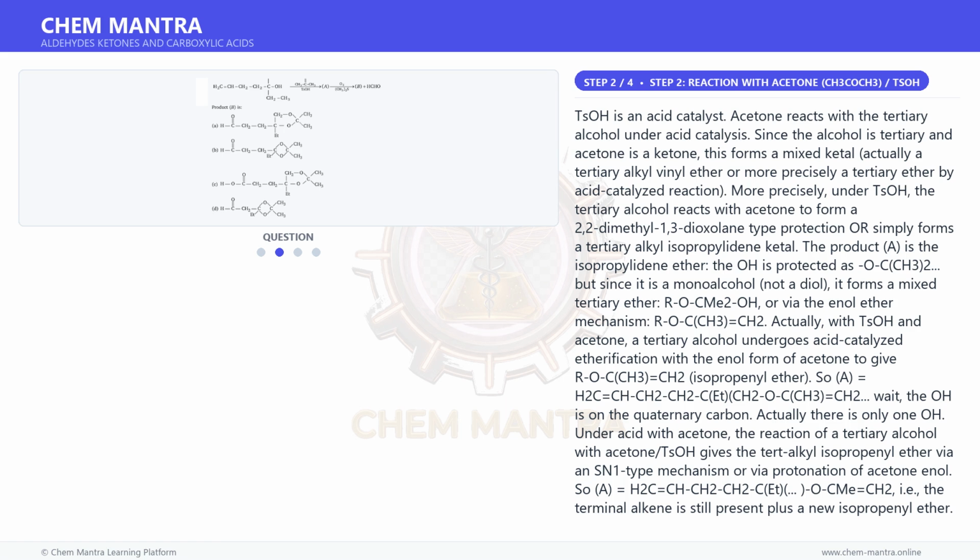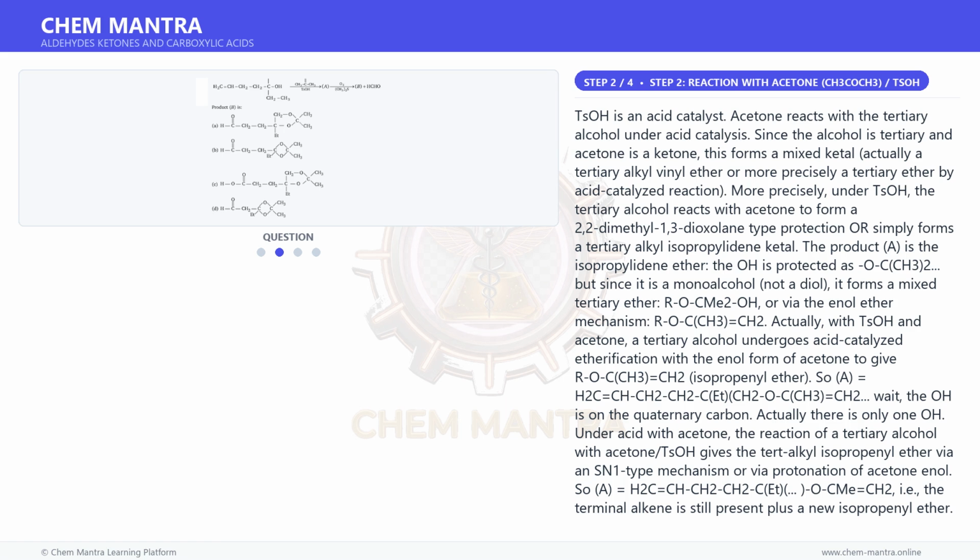The OH is protected as OC(CH3)2. But since it is a monoalcohol, not a diol, it forms a mixed tertiary ether, ROC(CH3)2, or via the enol ether mechanism, ROC(CH3)=CH2.